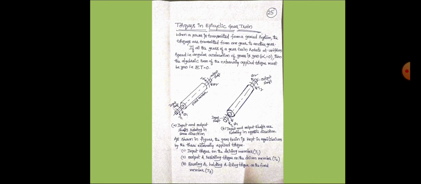Therefore, in addition to the number of T's on the wheel or gear, whichever is unknown, the speed of any gear or wheel in any given gear train, and the velocity ratio, you can also calculate the torque. So how to find the torques in an epicyclic gear train? Because, as I said just now, when power is transmitted from a geared system, the torques are transmitted from one gear to another gear.